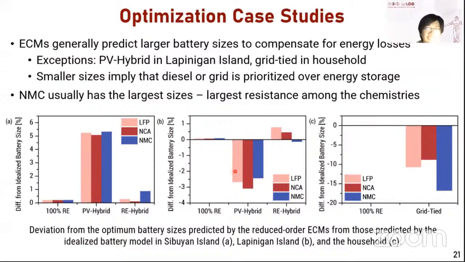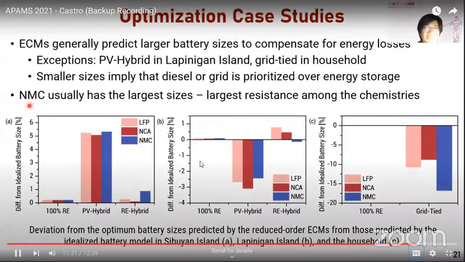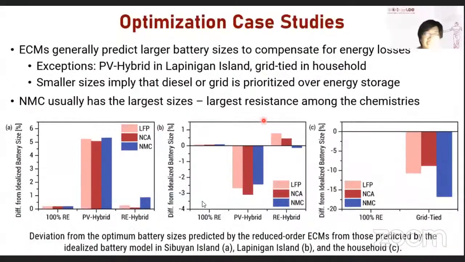Exceptions are this scenario here with the diesel generator, and this scenario with the grid connection, because in these 2 cases, it's more economical to just use diesel or grid instead of storing the excess energy. We also found that in general, the NMC chemistry has the largest sizes because it has the largest resistances. So you need more batteries to compensate for the energy losses.